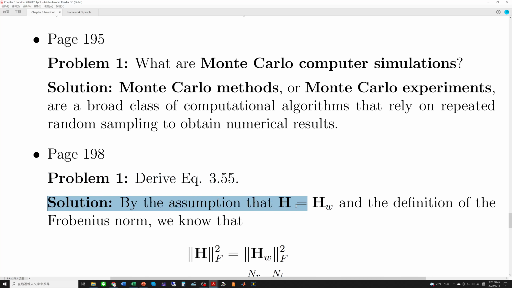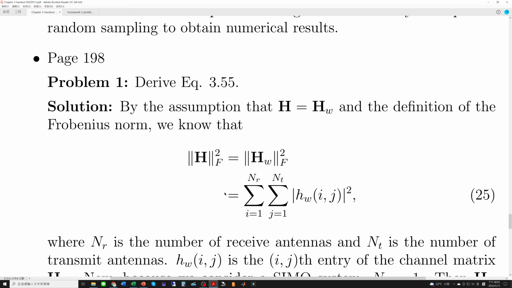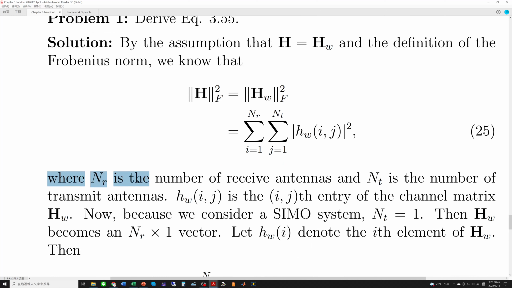By the assumption that H is equal to HW and the definition of the Frobenius norm, we know that the square of the Frobenius norm of H is equal to the square of the Frobenius norm of HW, which is equal to the summation i equals 1 to NR, summation j equals 1 to NT, of the square of the absolute value of HW of ij, where NR is the number of receive antennas and NT is the number of transmit antennas, and HW of ij is the ij-th entry of the channel matrix HW.